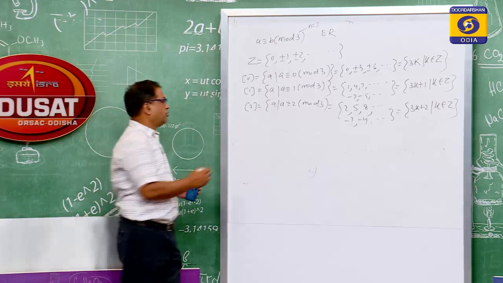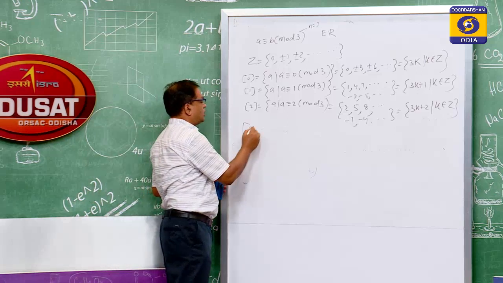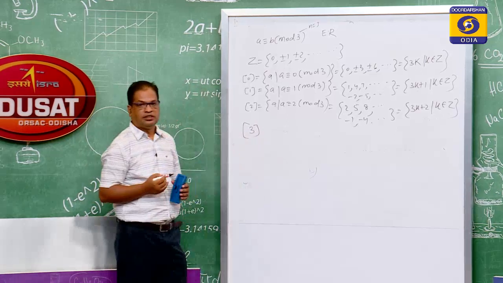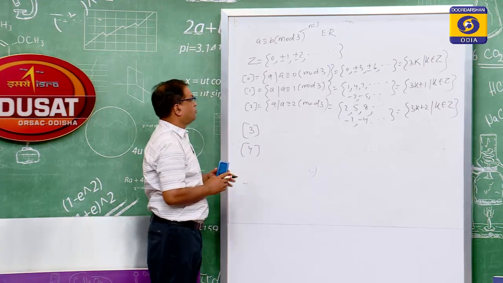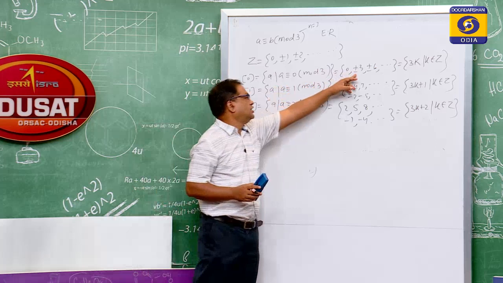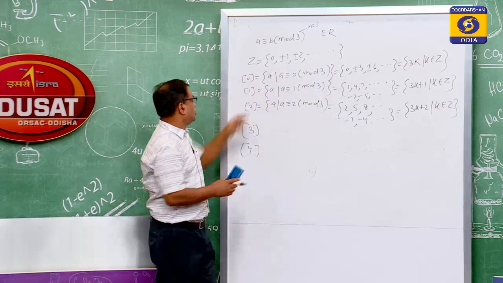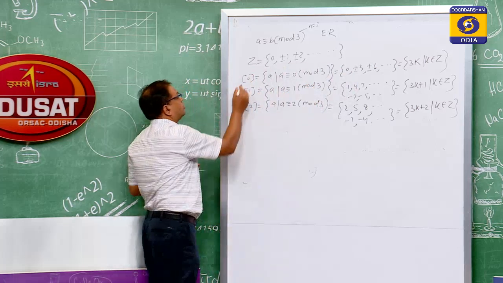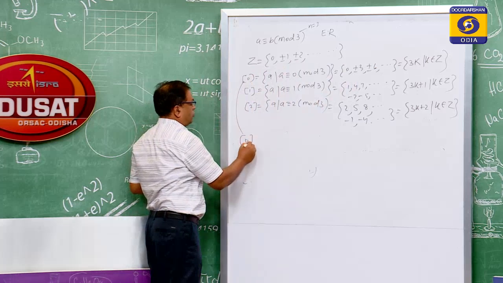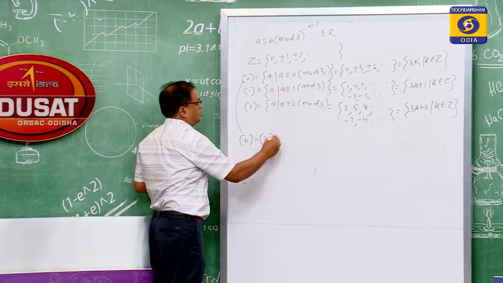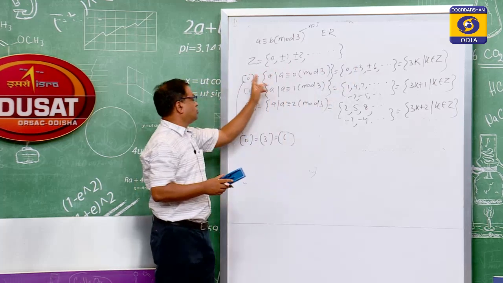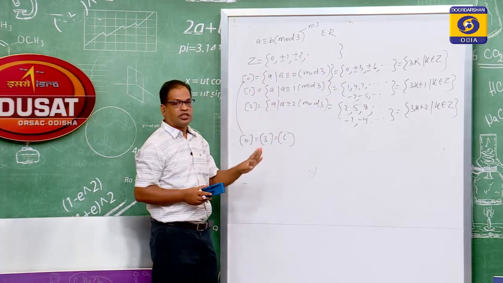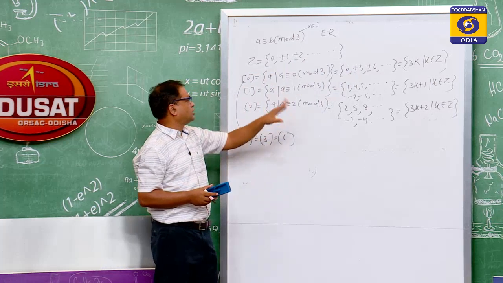You may also think, why not calculate the equivalence class of 3? Why not the equivalence class of 4? For the equivalence class of 3, 3 is automatically a member of the equivalence class of 0. So, the equivalence class of 0 is equal to the equivalence class of 3, and the equivalence class of 6, because all are members of this equivalence class.